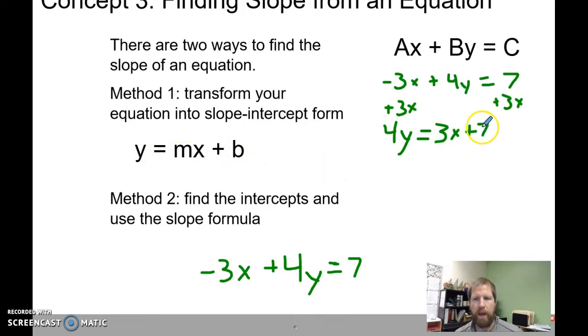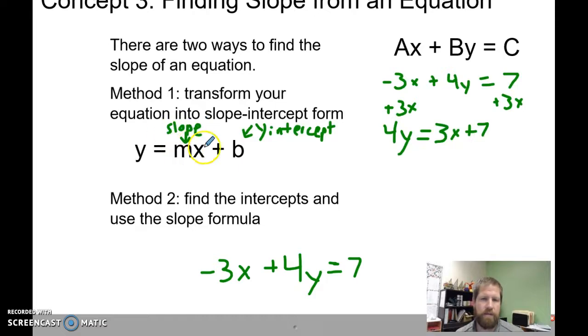Unfortunately, this b in slope-intercept form is not the same as this b. The little b is not equal to the big B. In slope-intercept form, this b is the y-intercept, and this m, and this is why I'm introducing it to you, is the slope.